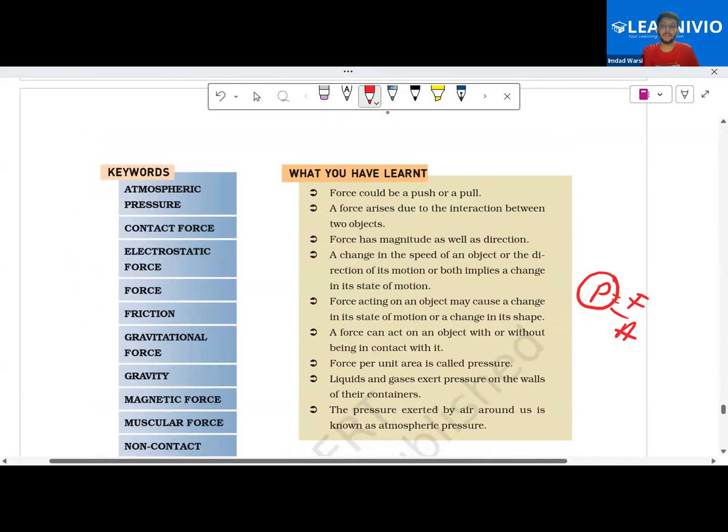Then comes contact forces. Contact force is a type of force where you have to make direct contact with the object.